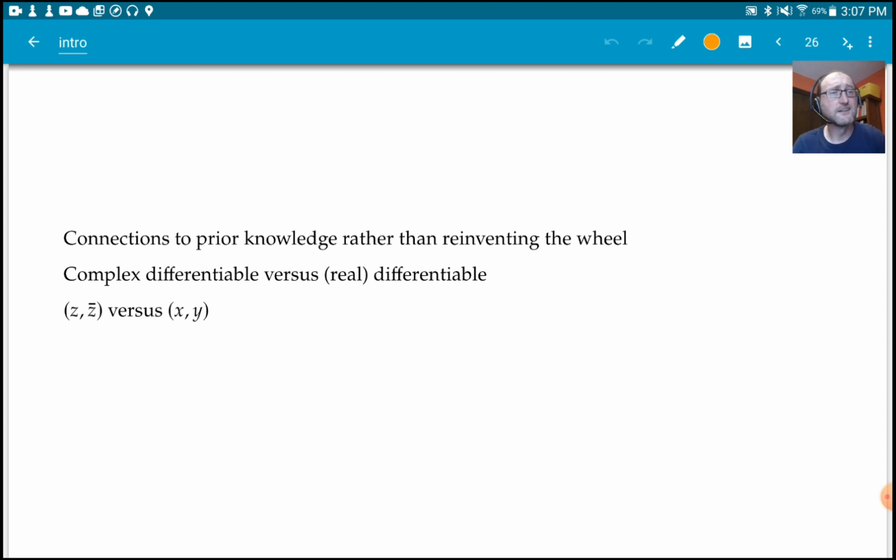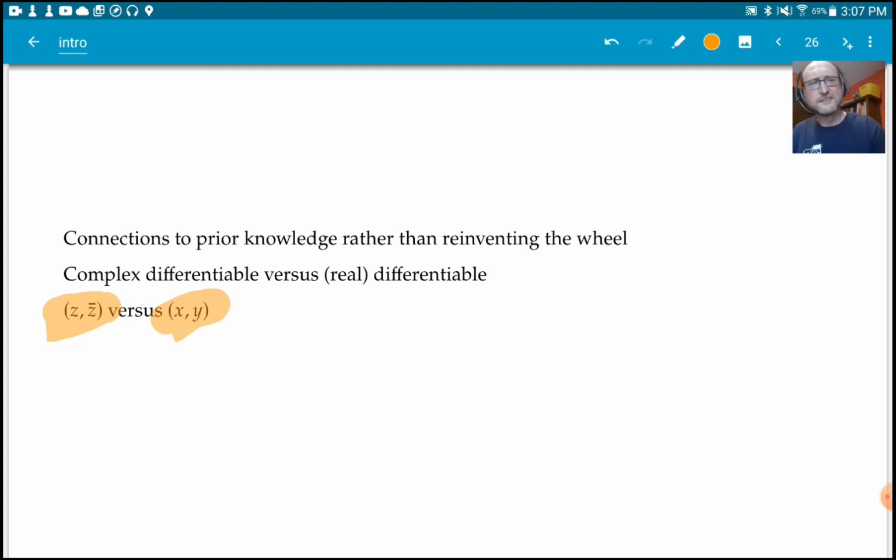Now, the last thing I want to mention is that, maybe not completely, but to a certain degree, I try to take the point of view of z and z bar instead of x and y. Z and z conjugate, hopefully you know what that is, whereas x and y are the real and imaginary parts.